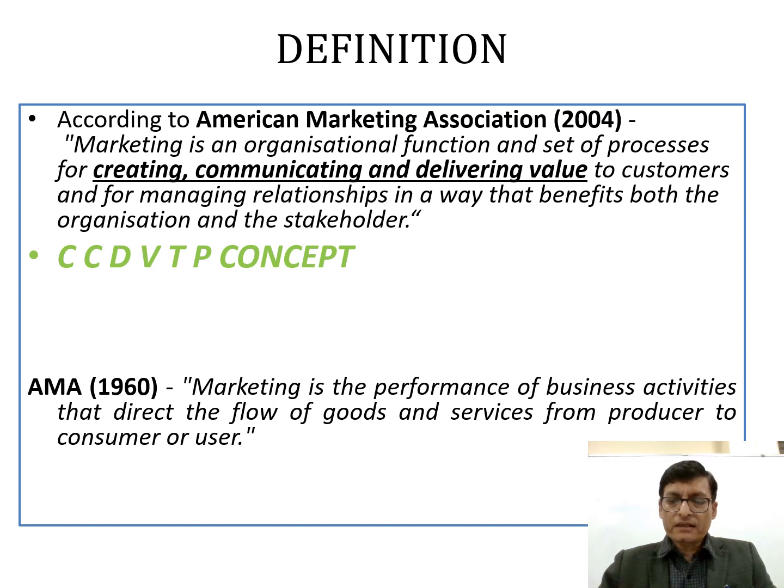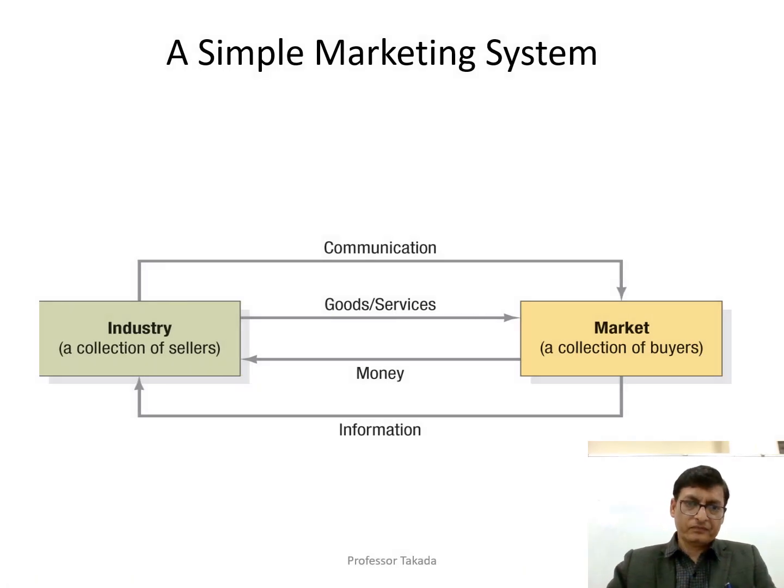So let us try to understand this definition through the simple marketing system. In this definition, three types of flows have been discussed. First is goods and services flow. Second is flow of money, and third is information flow or communication flow.